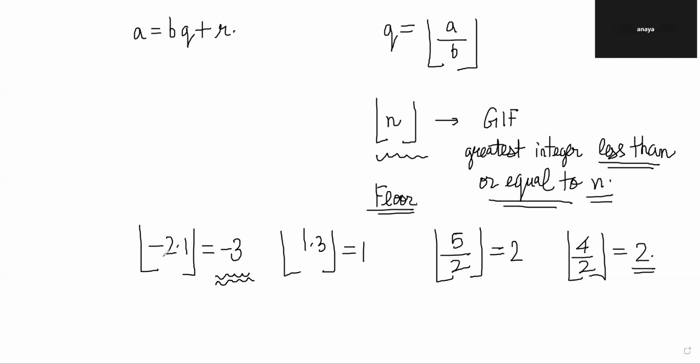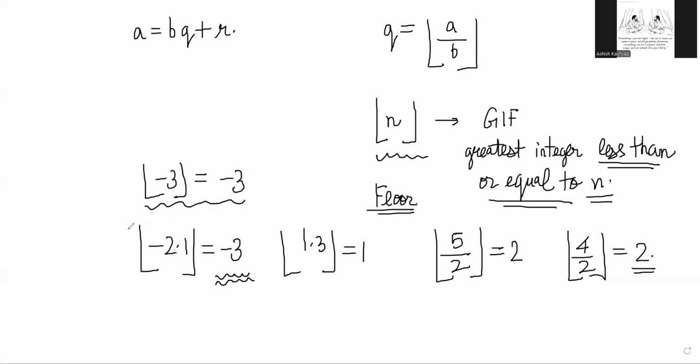It's always the integer lower than the number or equal to it. If it was -3, the floor is -3. Whenever you put input as an integer, the floor will be the same integer. But if it is not an integer, it will be the largest integer less than that one.